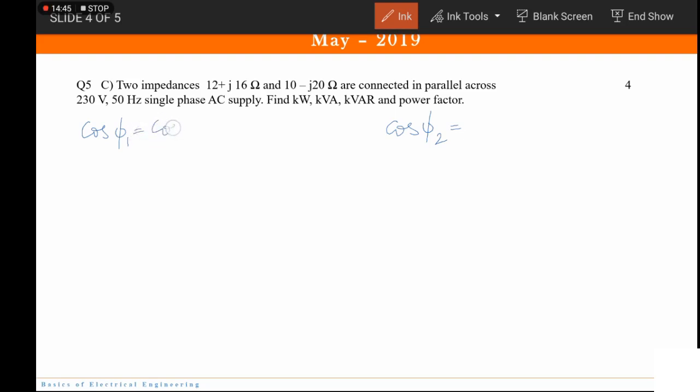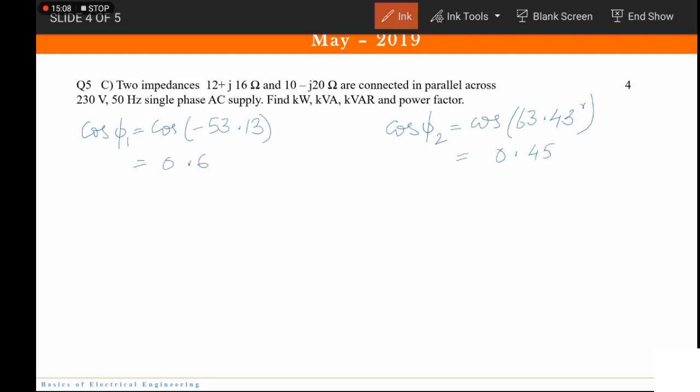So it is cos minus 53.13 and here it is cos 63.43. So this power factor comes out to be 0.6 and this power factor comes out to be 0.5.